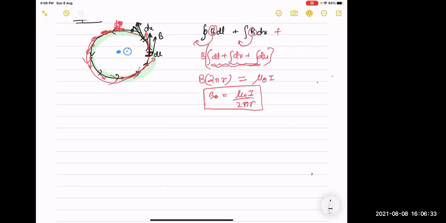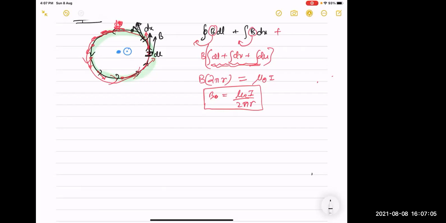Because the current is uniformly distributed over the whole cross-section area. When you take an Ampere circuital loop at some distance r, between 0 and a, the whole current is not passing through that loop.